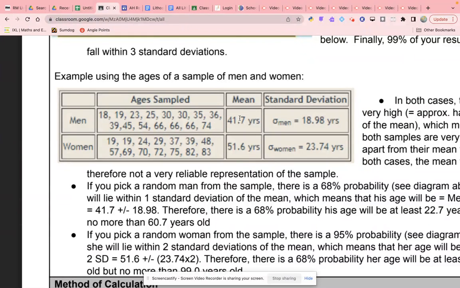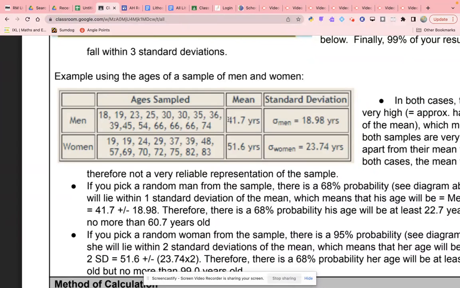If we do standard deviation, we can calculate what range of ages we have a 68% chance of bumping into for men. Our standard deviation is 18.98. If we round that up to 19 years, what that means is that 68% of the time we are going to randomly select a man who ranges between 19 years below this average and 19 years above this average.